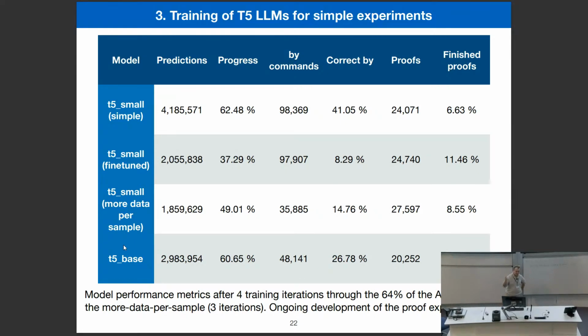So to test that what I was doing was working correctly, I did a small scale experiment. I trained very small language models. These are decoders, and these were publicly available by Google, and I trained them from scratch.